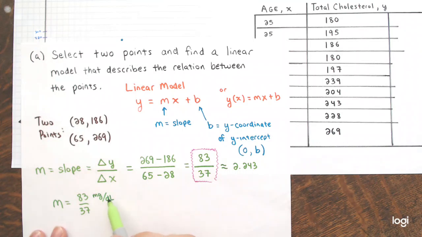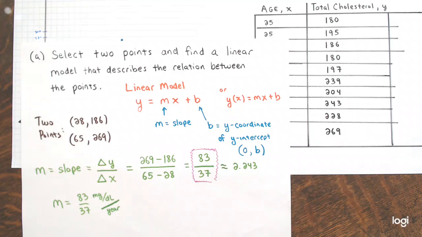So the numerator units is milligrams per deciliter, and that's per, right? And the denominator units, x was age, that's per year old. All right, let's say per year. So 83 37ths milligrams per deciliter per year, right, or per year of age, is the slope of this line.